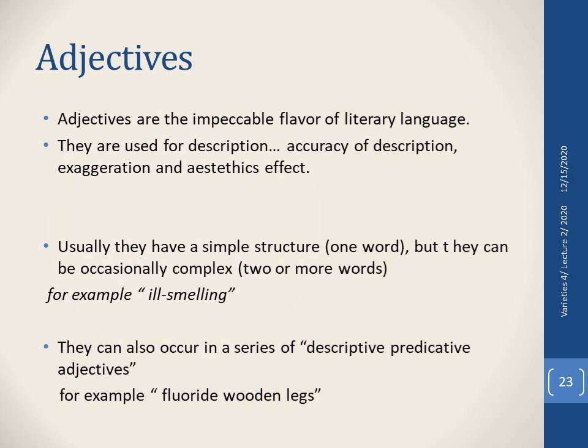Or we can simply say stinky. So adjectives are used a lot in order to make narration vivid, and they help with the imagery and the descriptions as well. They can also occur in a series of descriptive predicative adjectives, for example, wooden legs. Okay.